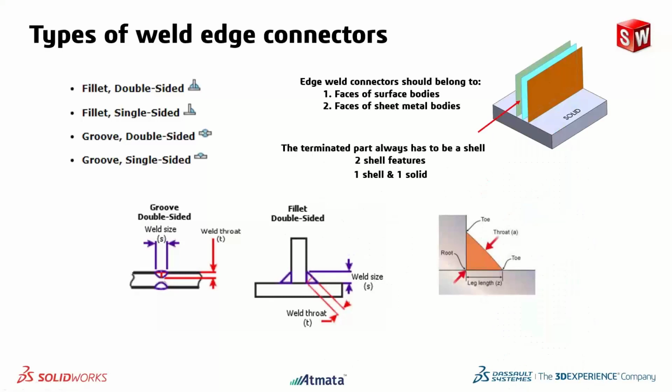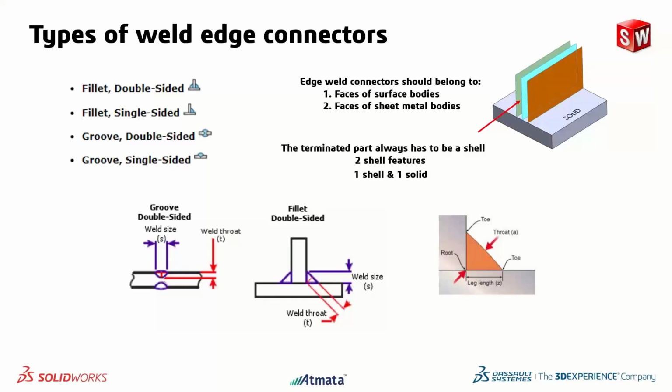Okay, this is just a tip for you. We have a welding part, for example a solid and a surface body on top. When you create weldments, you can do it with surface bodies or with sheet metal bodies. The terminated part always has to be a shell.